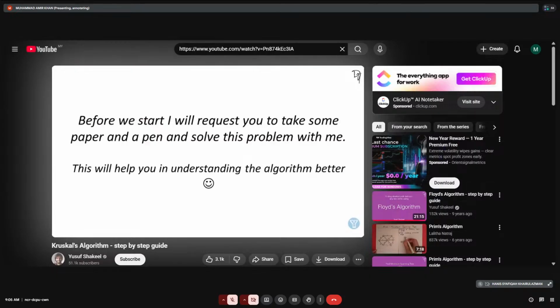If it forms a circuit, we will reject it. If no circuit, we will accept it. And one more thing, the last and very important thing: if you have 4 vertices, your MST will have 4 minus 1, it means 3 edges. Understand?